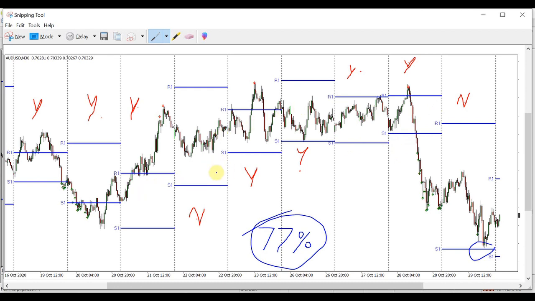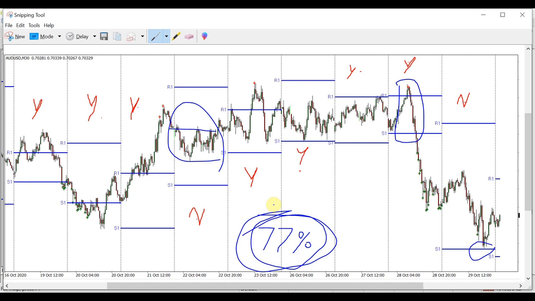And this other one was a very lull ranging trading day. But all the other days you can see either R1 or S1 or both in this particular example were both hit in the trading day. And I know this is a very small sample and that got us to this 77% mark, but like I said before, it's in the high 70% that we can expect R1 and S1 to be hit.